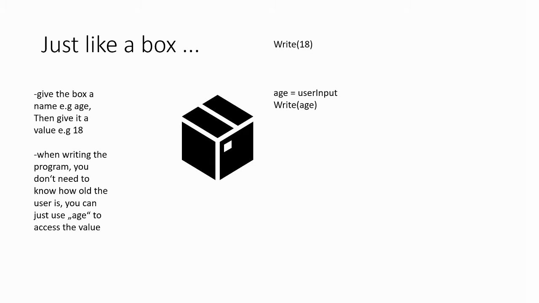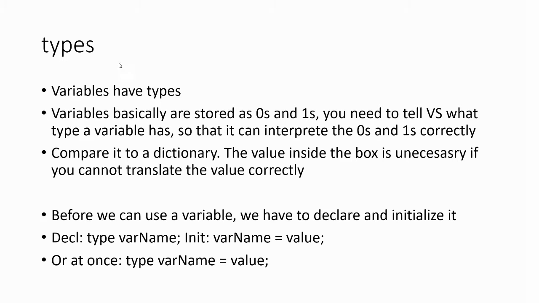One thing that we have to talk about too is that variables have types, and this is what you have to watch even if you visited algebra classes, okay? Variables have types, and variables basically are stored as ones and zeros in your computer's memory, okay? So you need to tell Visual Studio what type a variable has so that it can interpret the zeros and ones correctly.